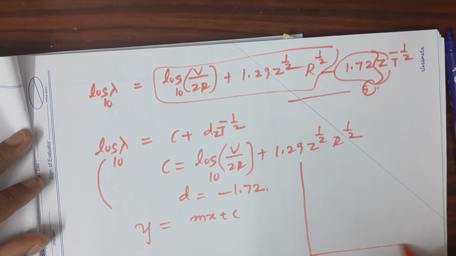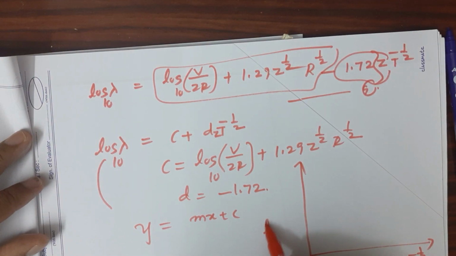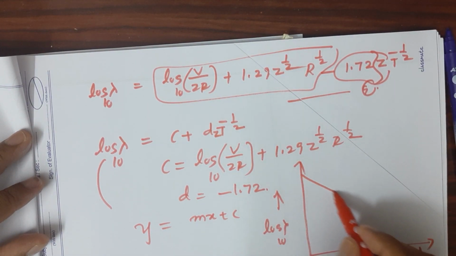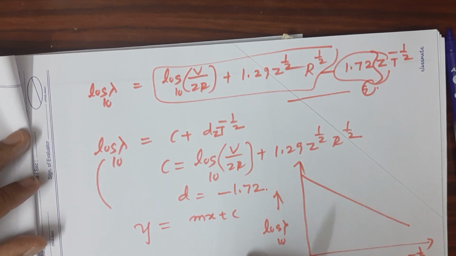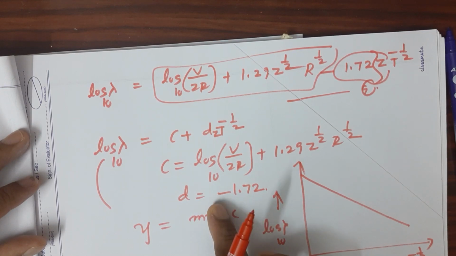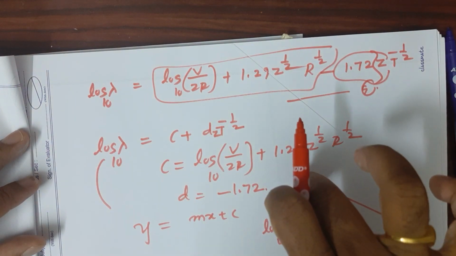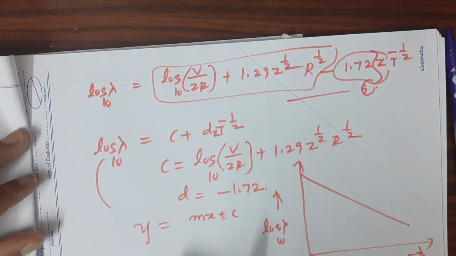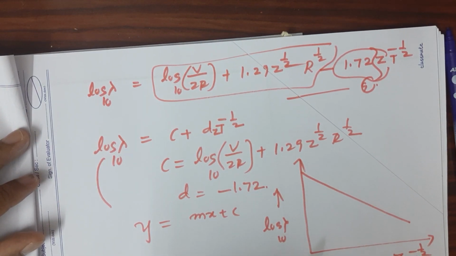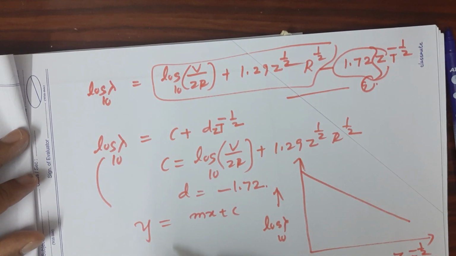If you take the graph by taking Z t^(-1/2) on the x-axis and log lambda base 10 on the y-axis, you will get a straight line like this. Here the slope is negative, so slope is equal to minus 1.72, and this represents the c value, log of v by 2r base 10 plus 1.29 Z^(1/2) r^(1/2), where c and d are constants.